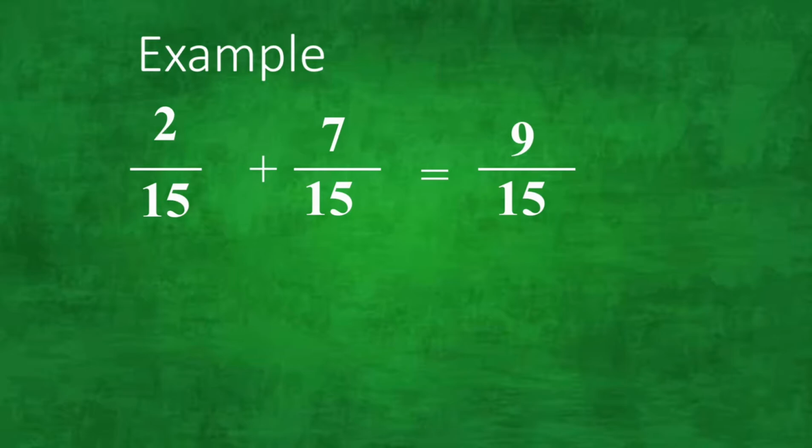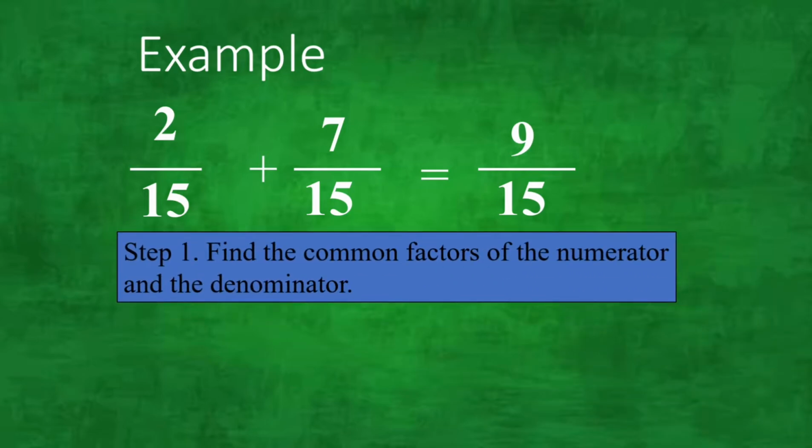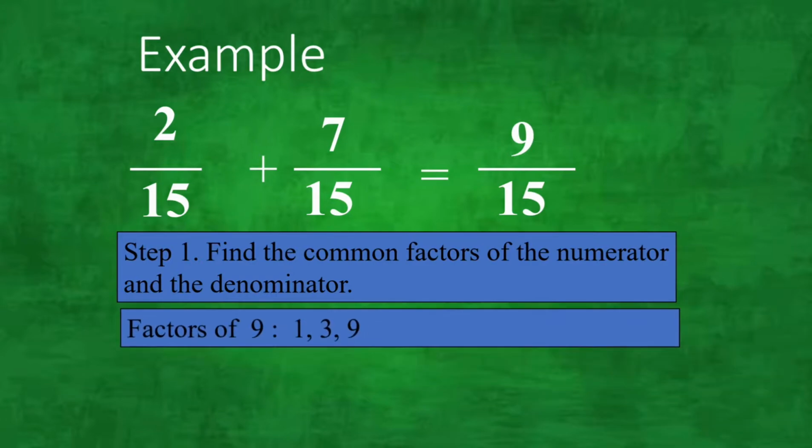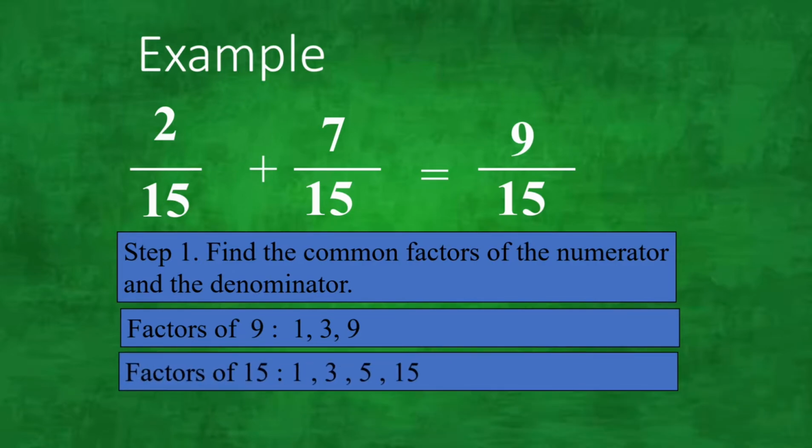Now, how can we reduce 9/15 in lowest term? Step 1. Find the common factors of the numerator and the denominator. Factors of 9 are 1, 3, and 9. Factors of 15 are 1, 3, 5, and 15.